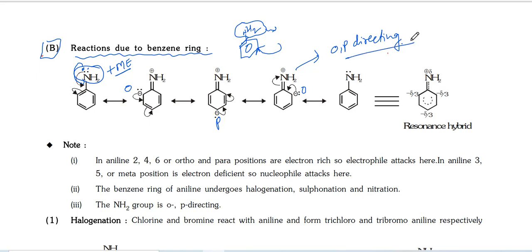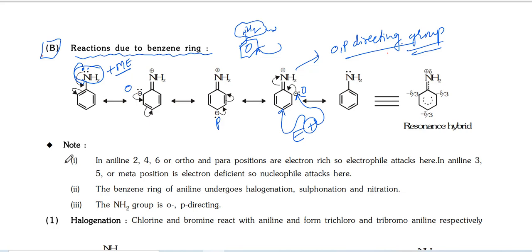Ortho para directing group means any electrophile will attack either at the ortho position or at the para position. This is decided by the NH2 group. That's why the NH2 group is known as an ortho para directing group. Not only NH2, all plus M groups are ortho para directing groups.